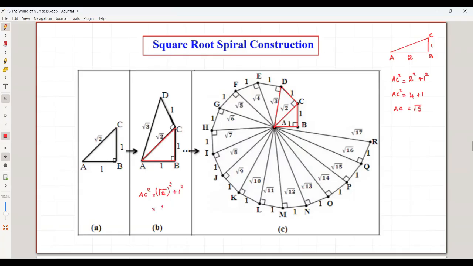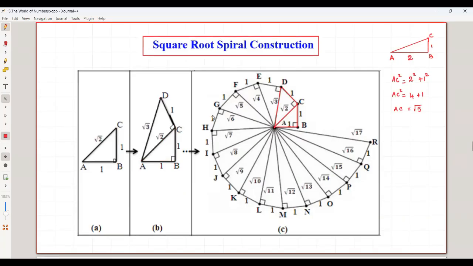Root 2 square is 2, plus 1. So AC square is equal to 3. Now AC is equal to root 3. That means 1 unit should be root 2 units, another one should be 1 unit, so that we will get root 3. For constructing root 3, first you have to construct root 2, then 90 degree, 1 unit, then join A and D. Now this is our root 3.